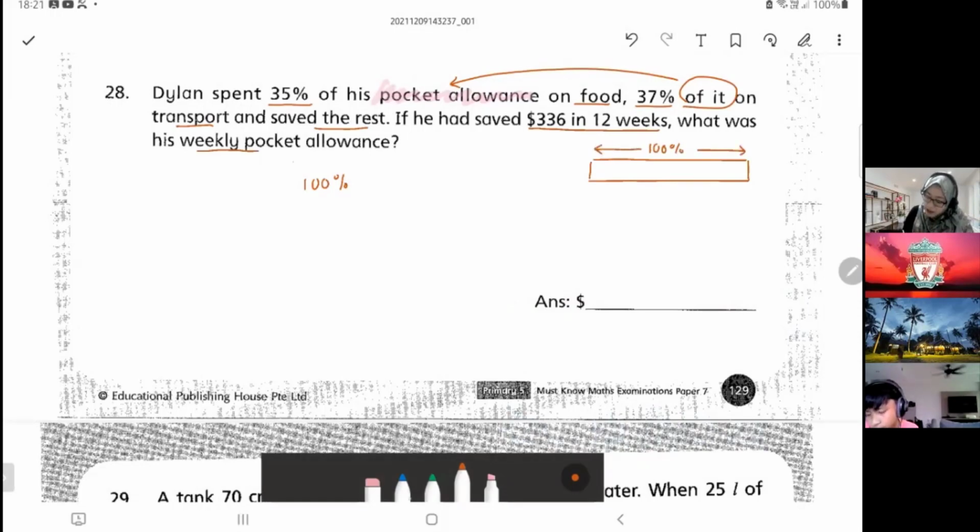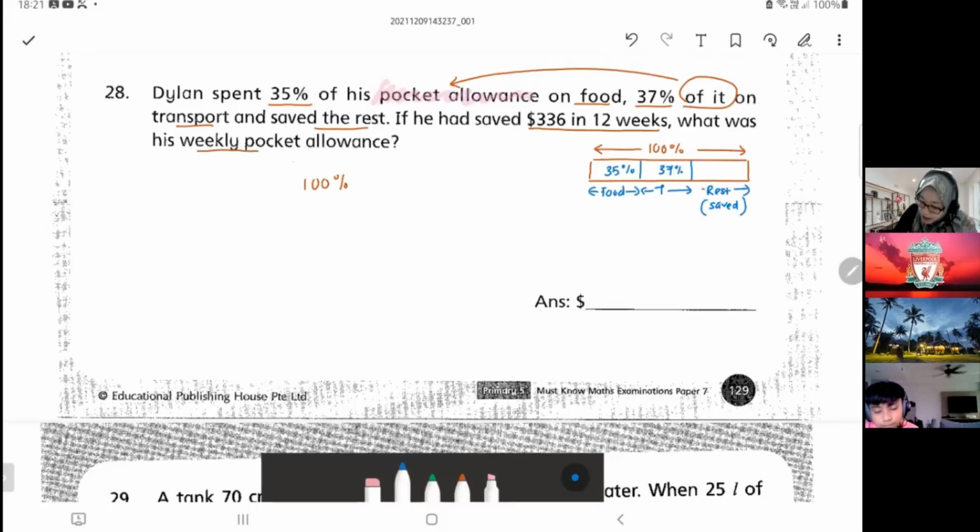But it doesn't remain as 100% for long, because 35% of it is spent on food. Okay. And then 37% of it is spent on transport, T. And then he saved the rest. The rest of this is saved.